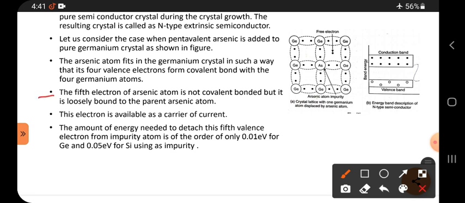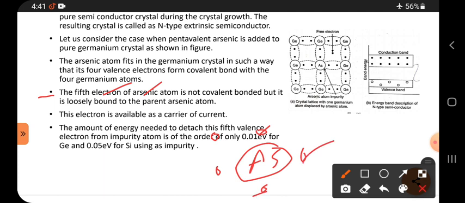Okay, the fifth electron of the arsenic atom: just now I told you, 4 electrons and one more, the fifth electron. These 4 already form bonds with the germanium. The fifth electron of the arsenic atom is not covalently bonded, but it is loosely bound to the parent arsenic atom.